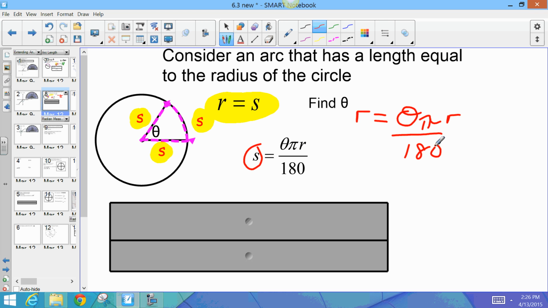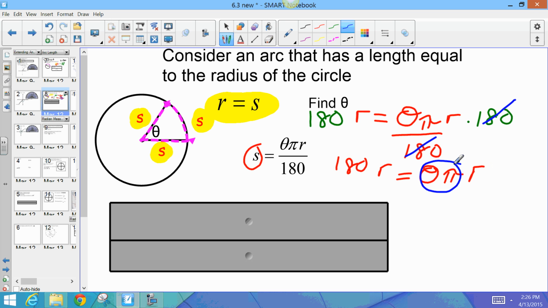So let's multiply by 180. I've got 180r equals theta pi r, and of course the 180 cancels. I'm trying to get theta all by itself now, so I'm going to divide both sides by, well, I'm trying to get rid of theta pi.